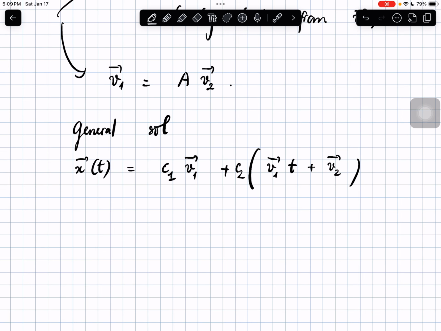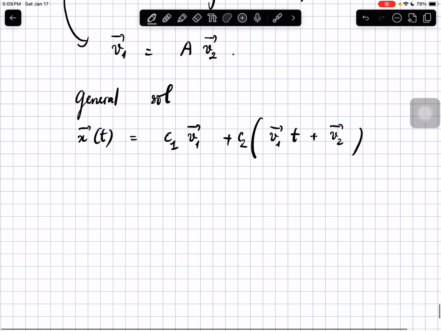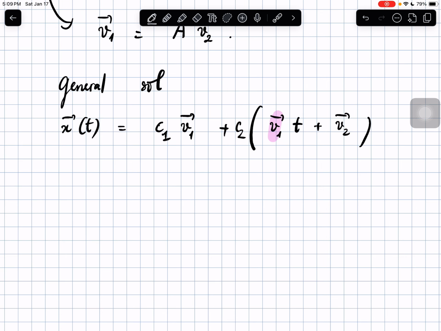This is the general solution. Look at that, it's parallel to V1. There's only one term that depends on t, and it's parallel to V1. One way you see that: take the derivative of both sides.